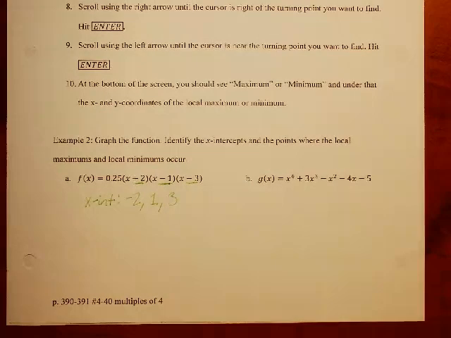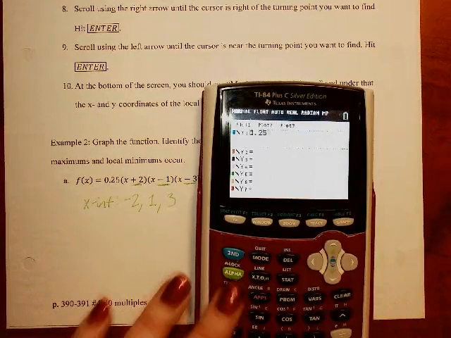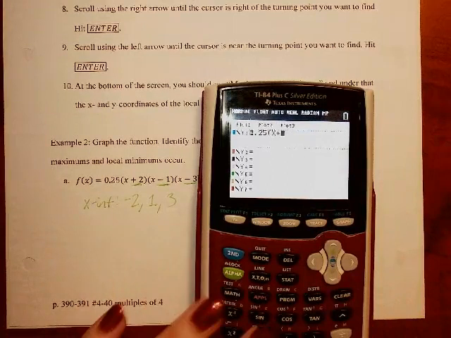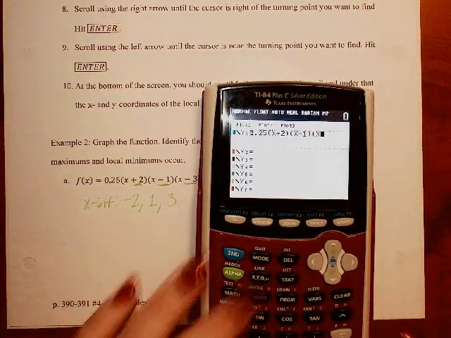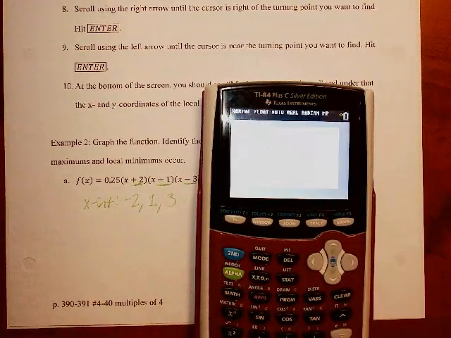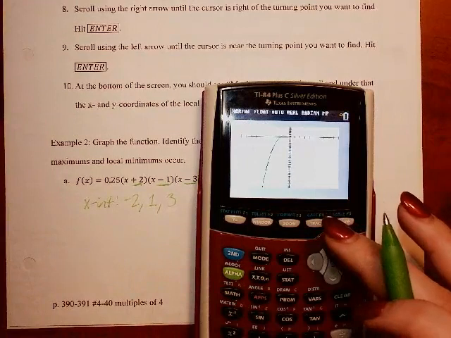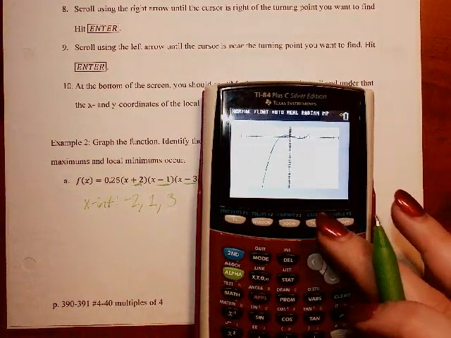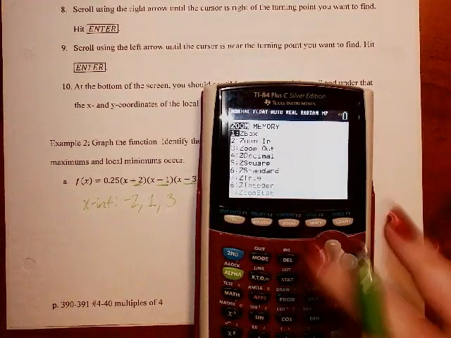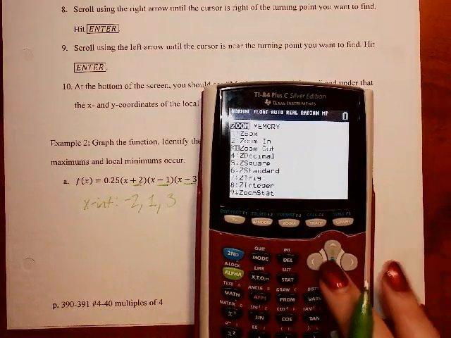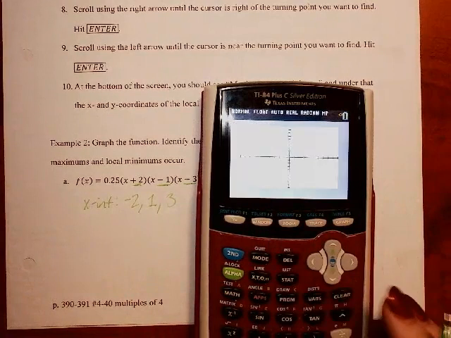So now I'm going to graph it on my calculator and make sure that I'm right. x + 2, x - 1, x - 3. Okay, and to change this back to my regular window, I'm going to hit zoom, and then 6, which is zoom standard, and that'll make it turn back into the regular window.